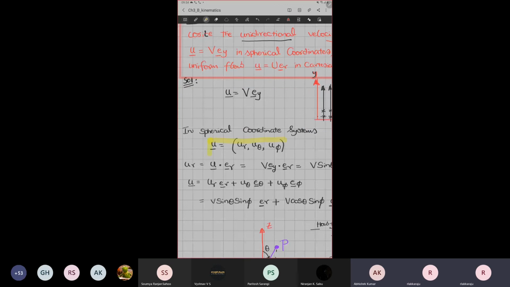U in spherical coordinates is always represented by Ur, Utheta, Uphi. In Cartesian coordinates, it will be represented in terms of ex, ey, ez, U, V, W kind of thing.